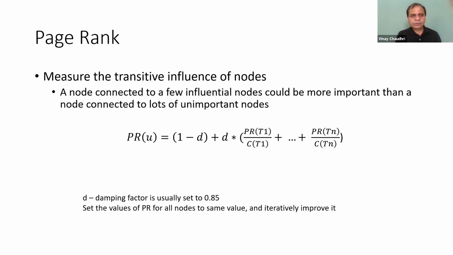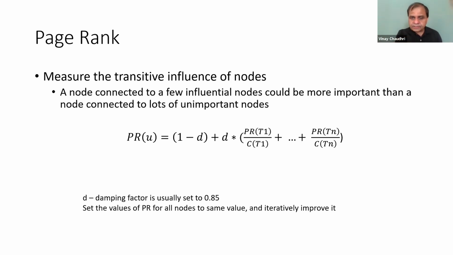On the left-hand side of the equation, we have the page rank of a node U. We are calculating the page rank of node U, which is 1 minus d plus d multiplied by this larger expression. d here is known as a damping factor, which in the web context is the likelihood of visiting a node directly versus visiting it by following a link from other pages. Typically, its value is set to 0.85.